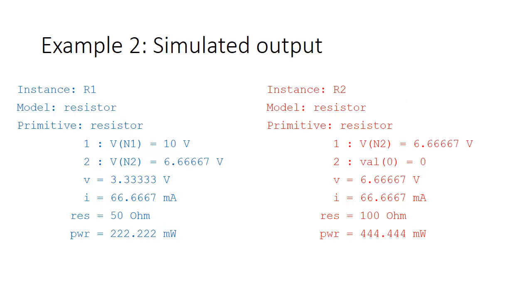You can see V is 3.333 volt, I is 66.66 milliampere, and if you do the power calculation VI, it gives you 222.222 milliwatt. And for R2, it also gives you the voltage, current, and power, as you can see here.